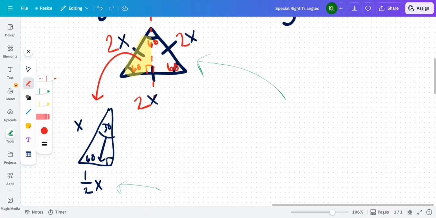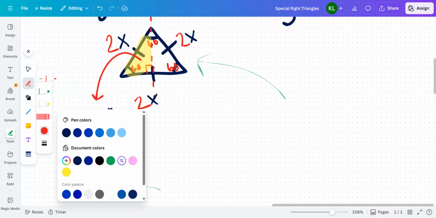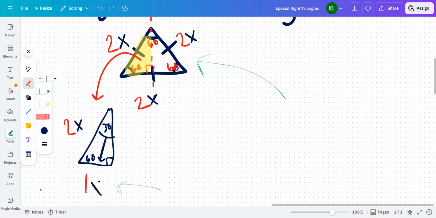So scale it up. It's still an equilateral triangle, and we can still cut that in half. Half of 2x is 1x. That lets you work with whole numbers, which seems to be friendlier for most students that I've encountered.